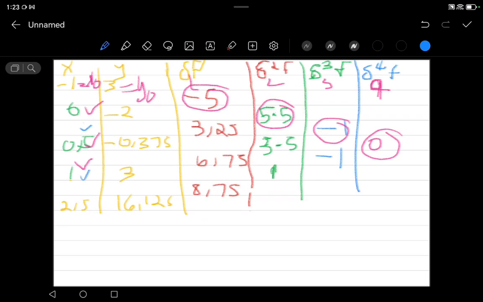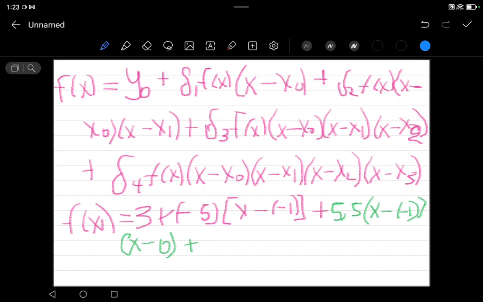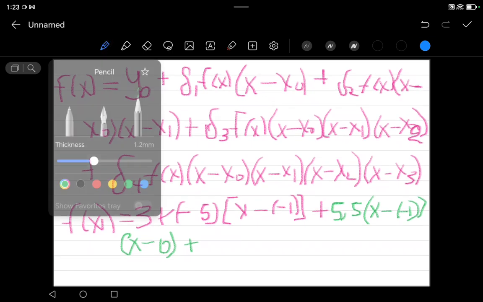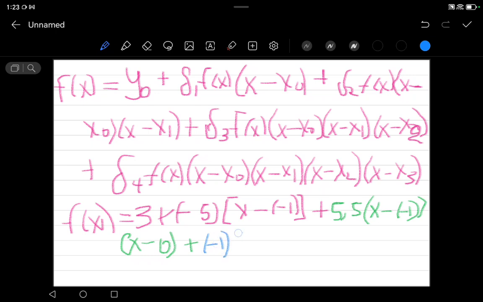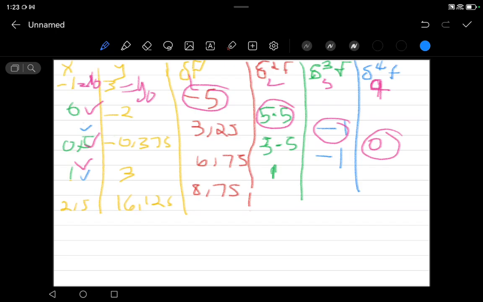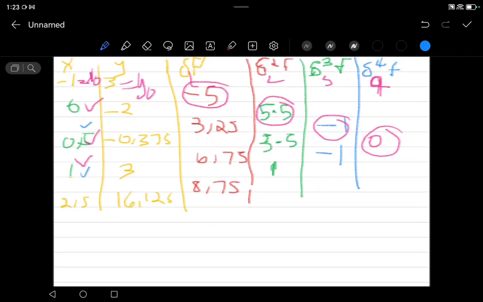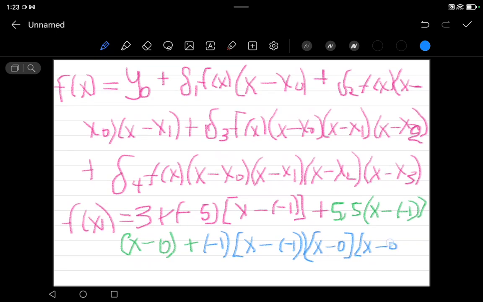Okay, and then plus delta 3. Delta 3 is negative 1, so it's going to be plus negative 1 into x minus x0, x0 is negative 1, and then into x minus x1, x1 is 0, and then into x minus x2, x2 is 0.5, so it's going to be x minus 0.5.